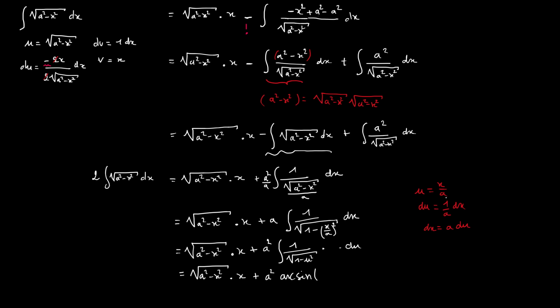Let me immediately substitute in what u was: it was x over a, plus c. Now we almost have our answer. The only thing we need to not forget is that this was the solution for twice this integral. So we divide here by 2, and that means on the other side, we divide everything by 2 as well, giving you your solution.